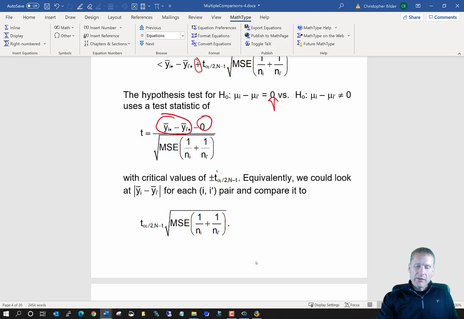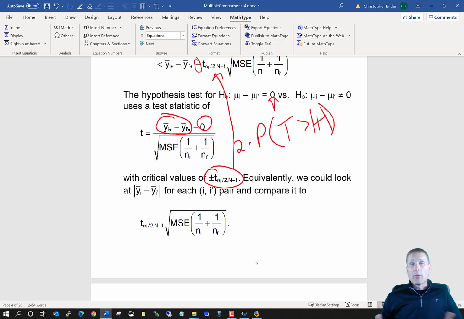We check it against a critical value from the t distribution, the same quantile that we use with the confidence interval. We could also use a p-value: the probability that a random variable t is greater than what we observe, with an absolute value, times 2. That will be our normal p-value. So that's how one could do the hypothesis test using Fisher's protected LSD.